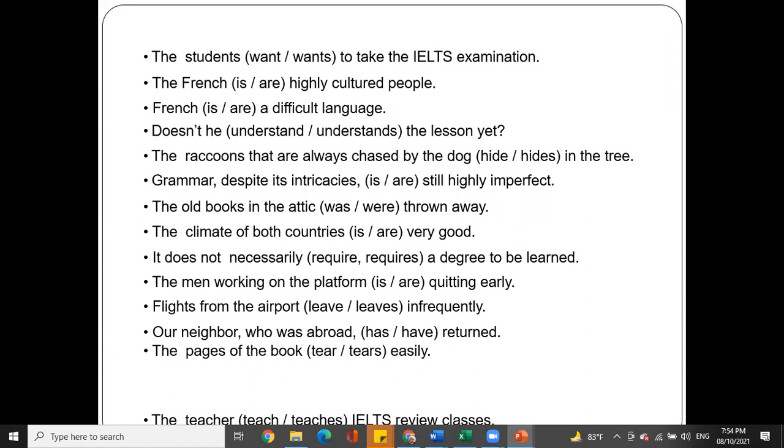Pages is they, right? You can only add s or es to the verb if the subject is he, she, or it. But pages is they. The bouquet of flowers contains a good aroma. Remember, we can only add s to the verb if the subject is he, she, or it.